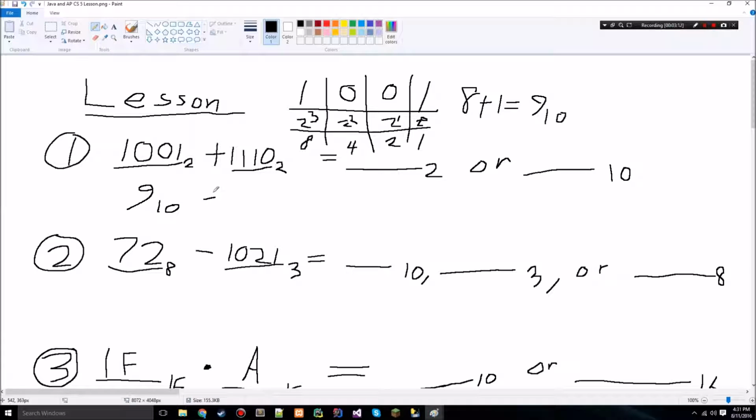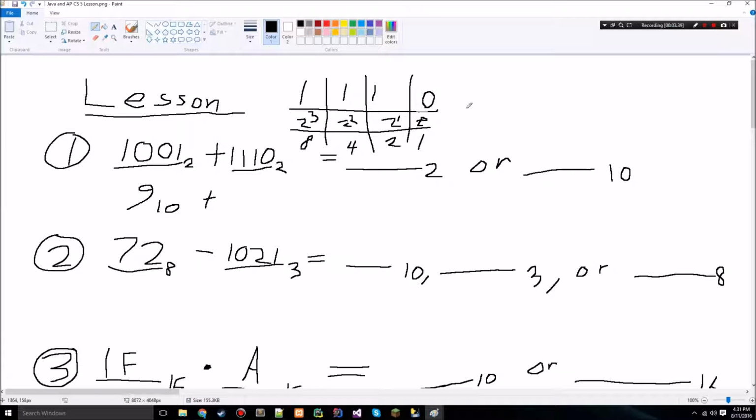Now let's do this with the other number. Let's erase all this. We can reuse our chart for the next number. So this one is 1110 base 2, or 1110 if you're just reading the digits.